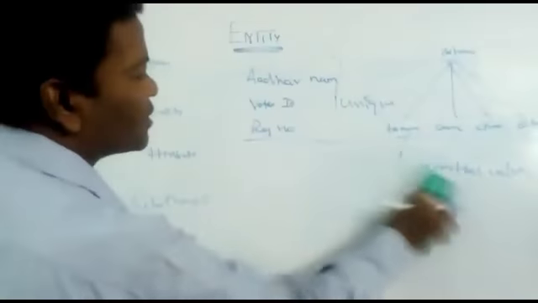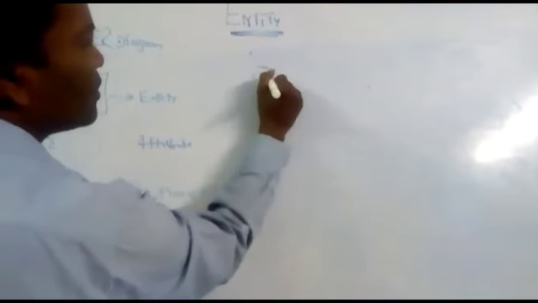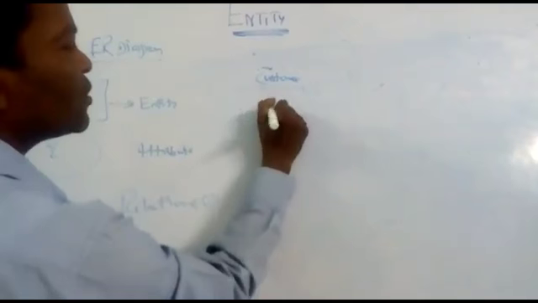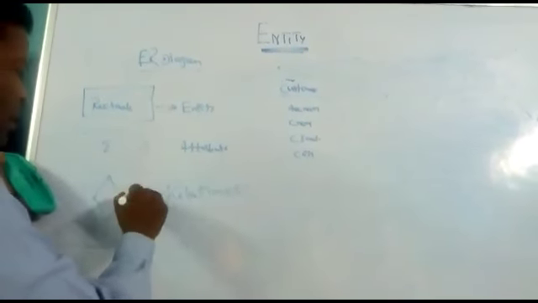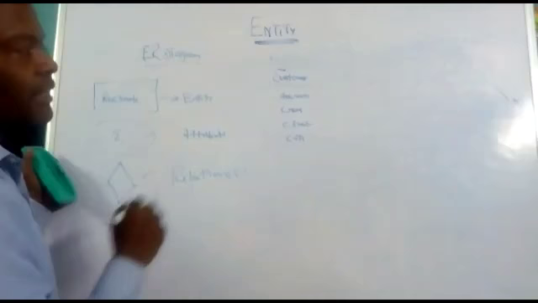So I will make an ER diagram for this customer. As we saw, customer has four properties: account number, customer name, customer street, customer city. In this ER diagram there are four symbols: rectangle, ellipse, diamond, and straight line. Rectangles represent entities, ellipses attributes, diamonds relationships, and straight lines link the components.